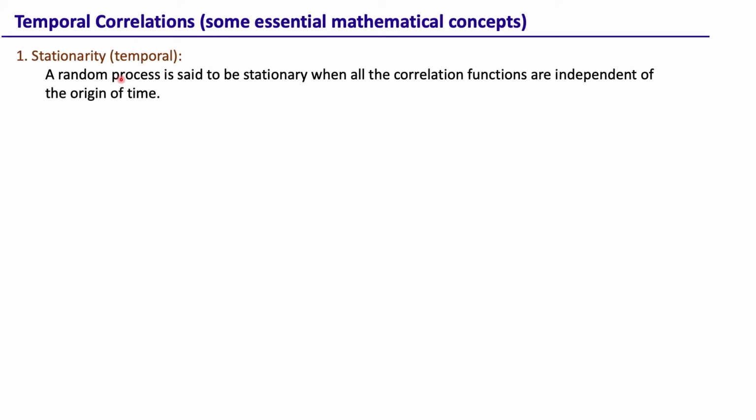So what is this concept of stationarity? This says that a random process is said to be stationary when all the correlation functions are independent of the origin of time. What this means is, let's say this is the correlation function. Here I'm taking a very generic correlation function of order 2n. So we have n starred quantity and n non-starred quantity: r1 t1, ..., rn tn, rn+1 tn+1, and so on. Now, if the process is to be stationary, then all the correlation functions have to be independent of the origin of time.